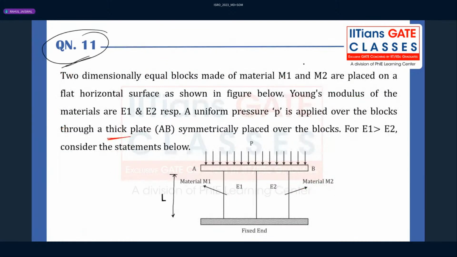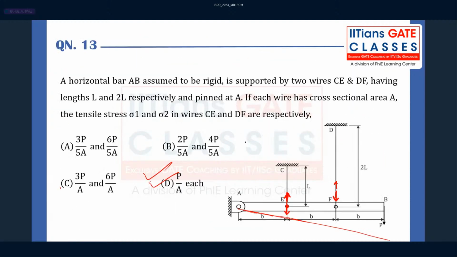Or if you want to see a very similar kind of problem, you can see Gere and Goodno, first chapter solved example. Instead of this uniform pressure, they have given the point load.